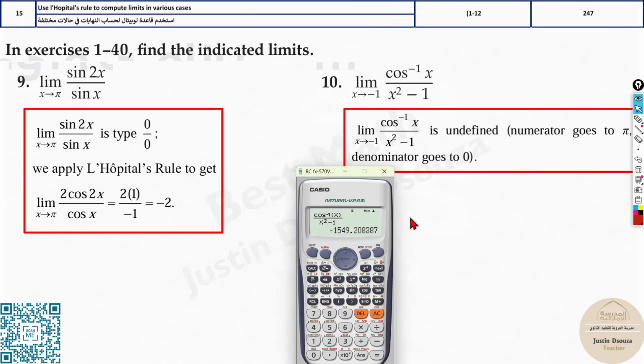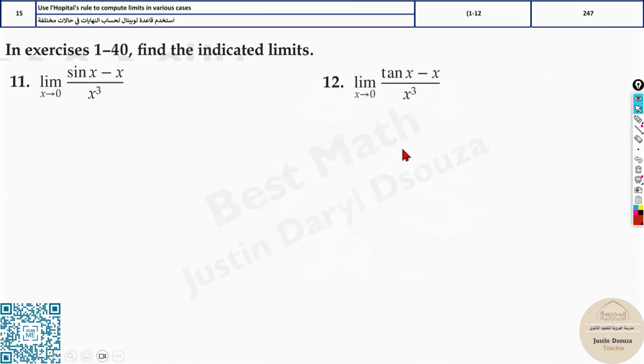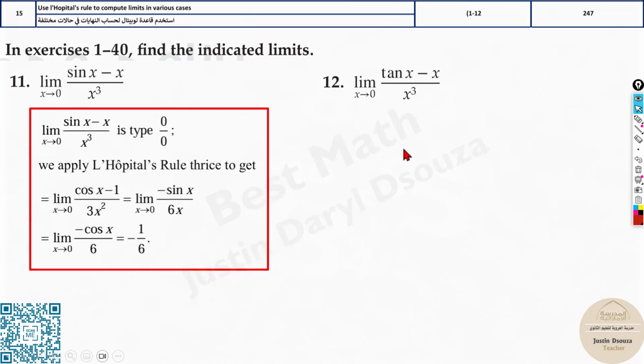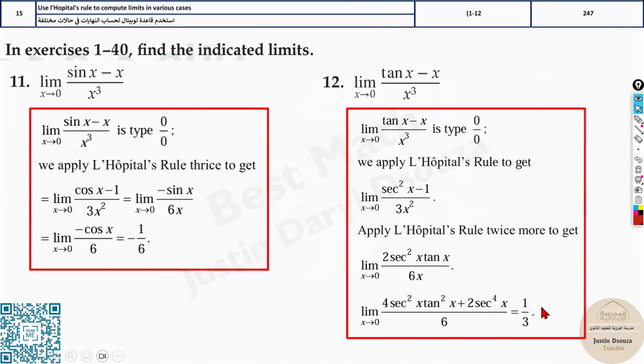Okay, so that's the answer. On one side we are getting a math error, which is undefined, and on the other we are getting a big value. If you keep changing over here, it's 0.999. See, here you're getting minus infinity. It goes to a big value, but over there was an error, so it's two different values. We say it's undefined.